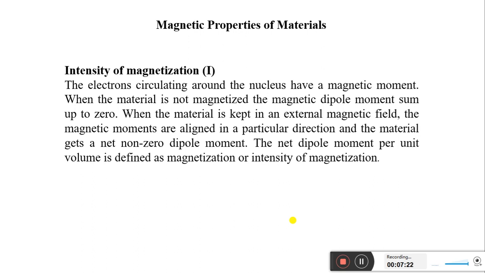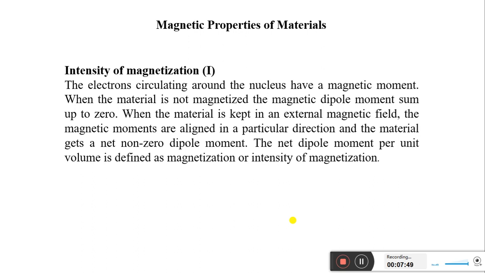As we have discussed in the case of polarization, if you apply a field, all dipole moments align in the direction of the field, and the dielectric material has been polarized. So here we define the intensity of magnetization: the net dipole moment per unit volume.